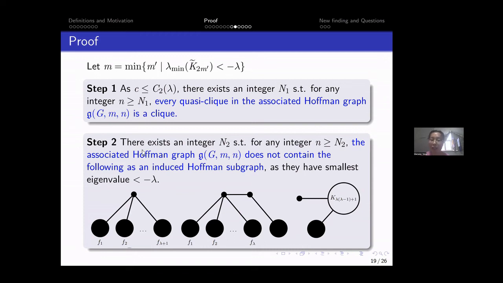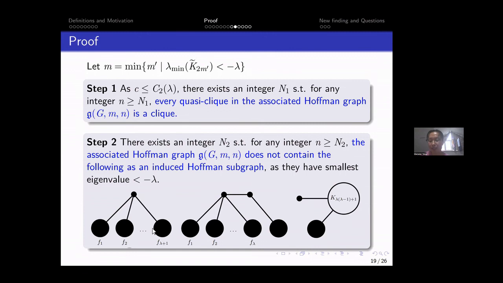If a graph has smallest eigenvalue at least minus lambda, we can choose very large n such that the associated Hoffman graph does not contain an induced Hoffman subgraph with smallest eigenvalue less than minus lambda. So this is step 2. We found a finite set.